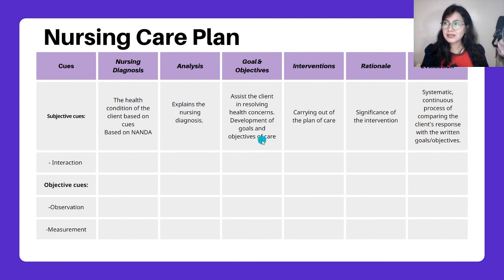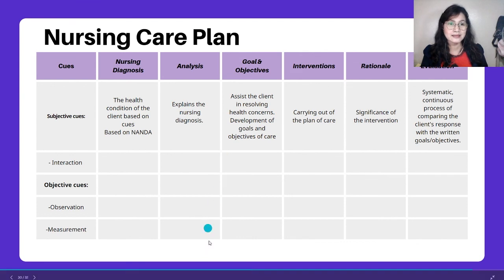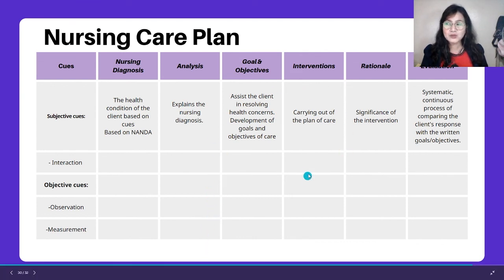Then the next one is goal and objectives. Here, you assist the client in resolving health concerns. Development of goals and objectives is included in this column. Then the next one is intervention. This is where you carry out the plan of care. Interventions are based on the objectives that you have formulated in the previous column.